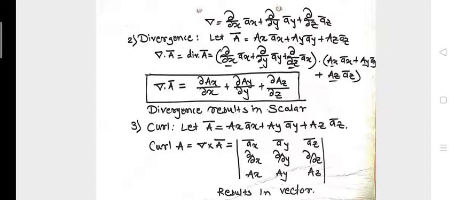So finally we get divergence of A is equal to dou ax by dou x plus dou ay by dou y plus dou az by dou z. So this is the result of divergence, and this results in a scalar quantity. As you can see, no unit vectors or direction components are involved in this equation. So this is a scalar quantity. So divergence results in a scalar.